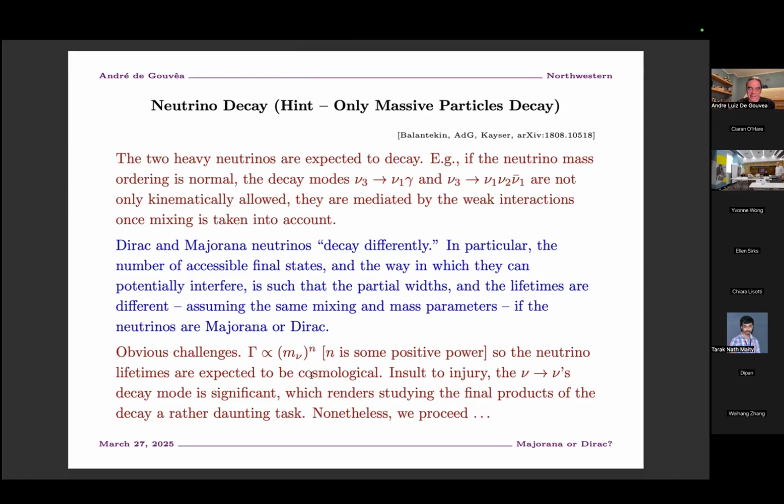It's an easy number to estimate. If you want to get a bad estimate, you can take the muon lifetime and multiply it by the muon mass divided by the neutrino mass to the 5th power. So that gives you the neutrino lifetime. A very bad estimate, but it's a good enough estimate. It's really, really long.